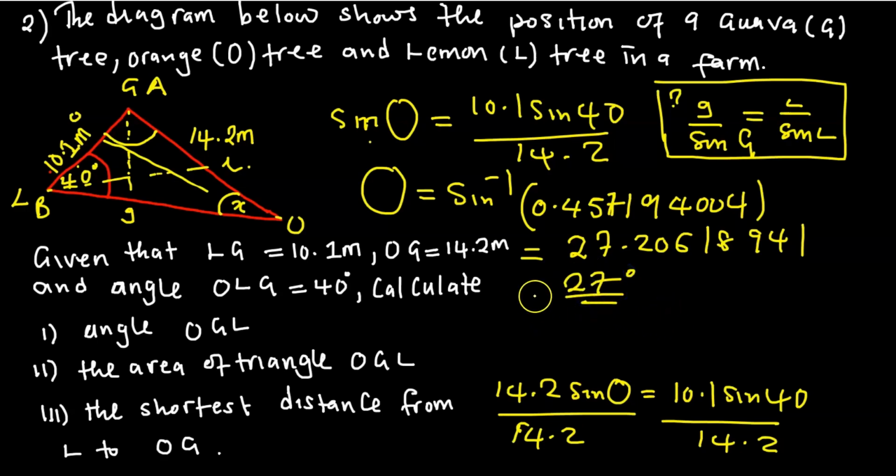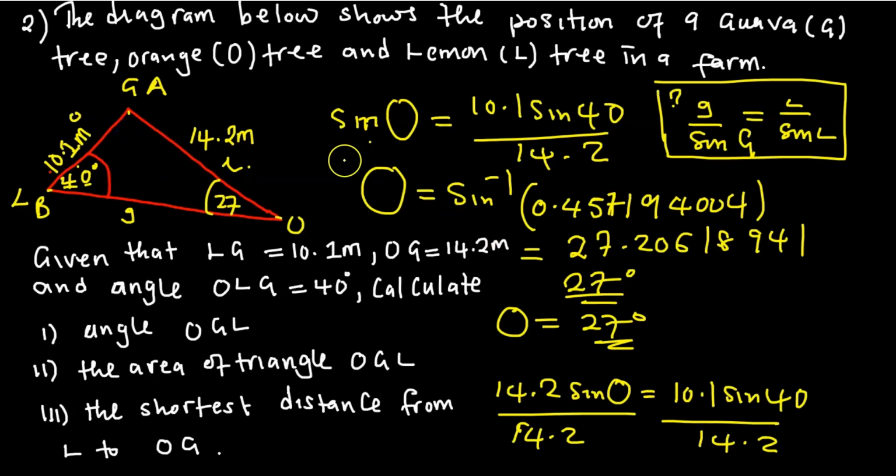Now, so we found angle O, that is O is equals to 27 degree. Now that we found O to be 27 degree here, we can use this property where we say angles in a triangle add up to 180. And therefore, we are going to say 27 plus 40. Let us put this one to be x, plus x should add up to 180. 27 plus 40 is equals to 67.